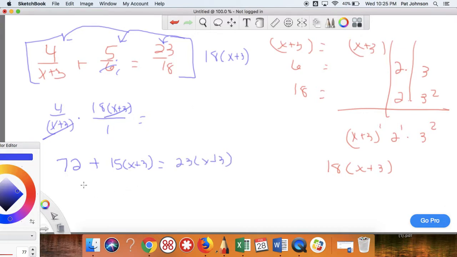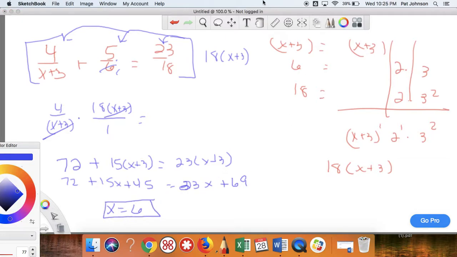Now I've got to distribute all this. So I have 72 plus 15x plus 45 equals 23x plus 69. Now I'm just going to use algebra. Since I don't have a lot of room, I'm not going to do everything here. When I do the algebra, I get x equals 6.